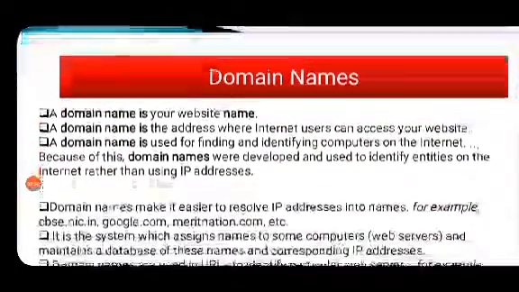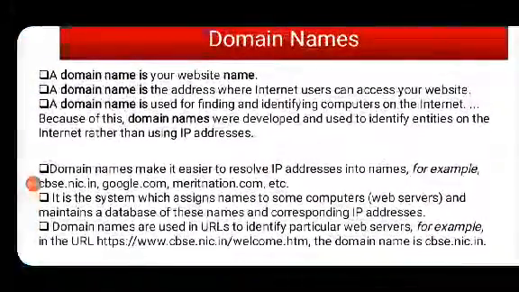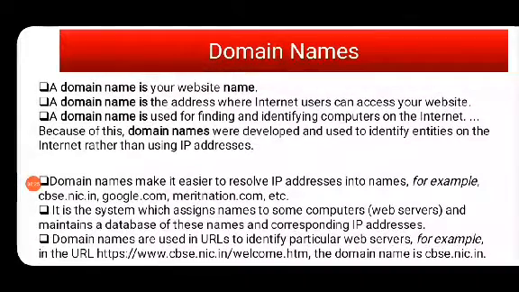Now let us understand what is a domain name. A domain name is actually your website name. A domain name is the address where internet users can access your website, or you can say it is used for finding and identifying computers on the internet. Because of this, domain names were developed and used to identify entities on the internet rather than using IP addresses.